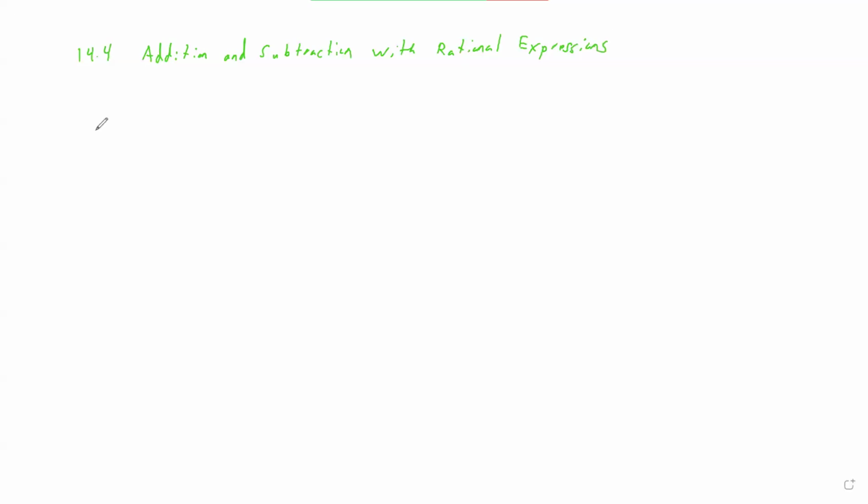All right, first example is we're going to add x over x squared minus 25 plus 5 over x squared minus 25.